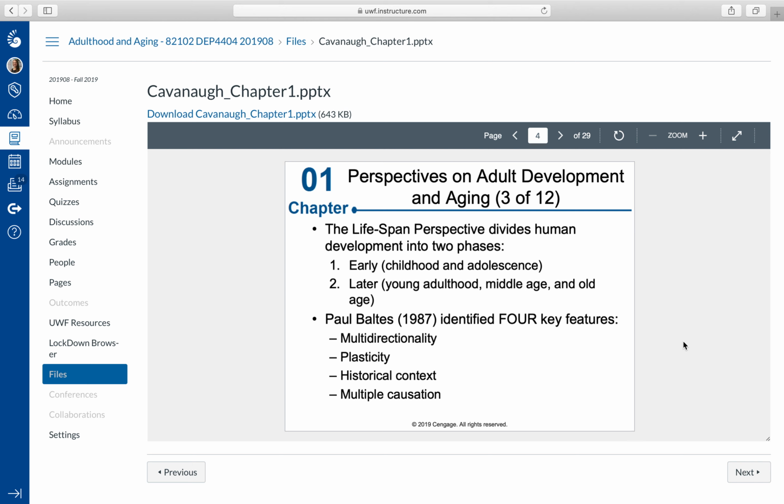And then, of course, we always need to consider cultural and, in this case, historical contexts, right? So living and the way you age is much different today than it was in the early 2000s, and even more drastically different than it was in the 1900s, even as soon ago as the 1990s.